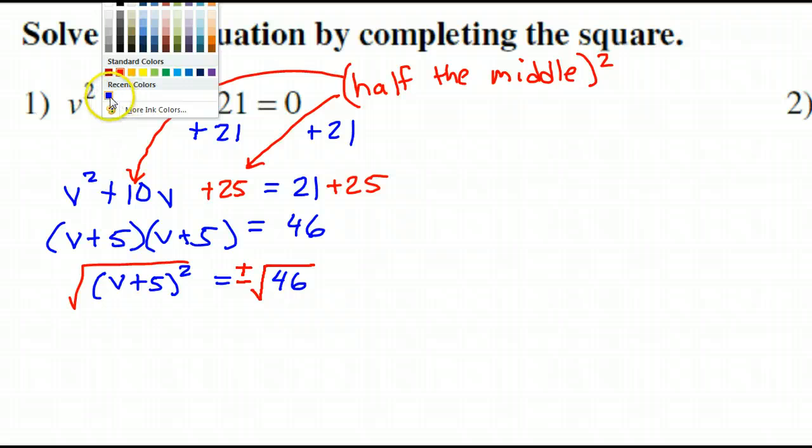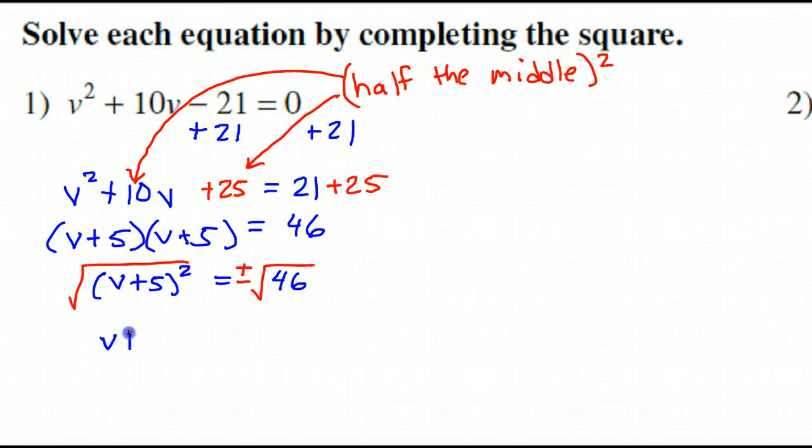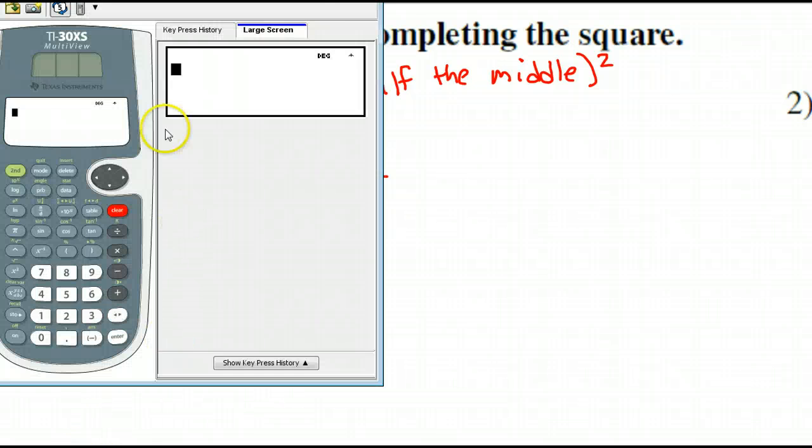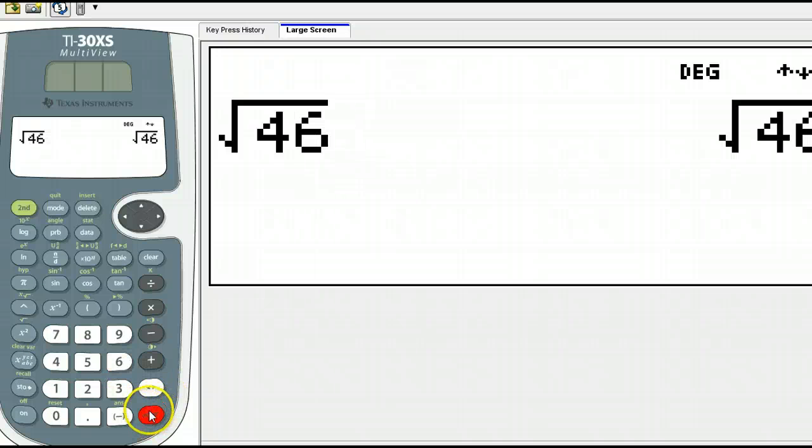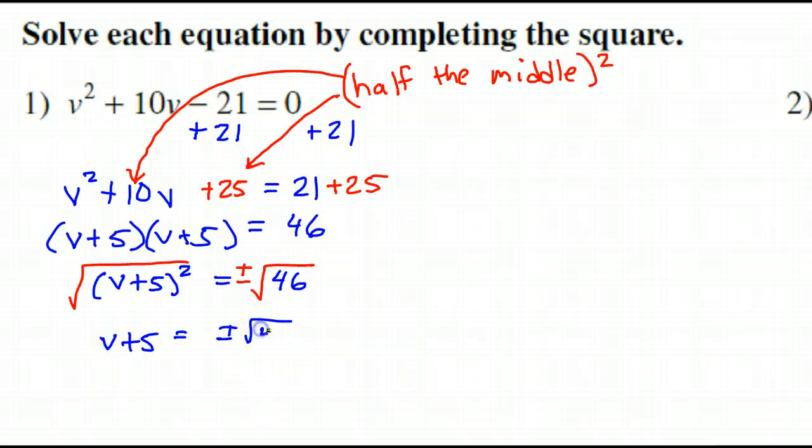So then we will have v plus 5 equals plus or minus square root of 46. I don't think that simplifies any further. But just to check it out, square root of 46, yeah, it doesn't simplify any further. So we'll just leave it as the plus or minus the square root of 46.